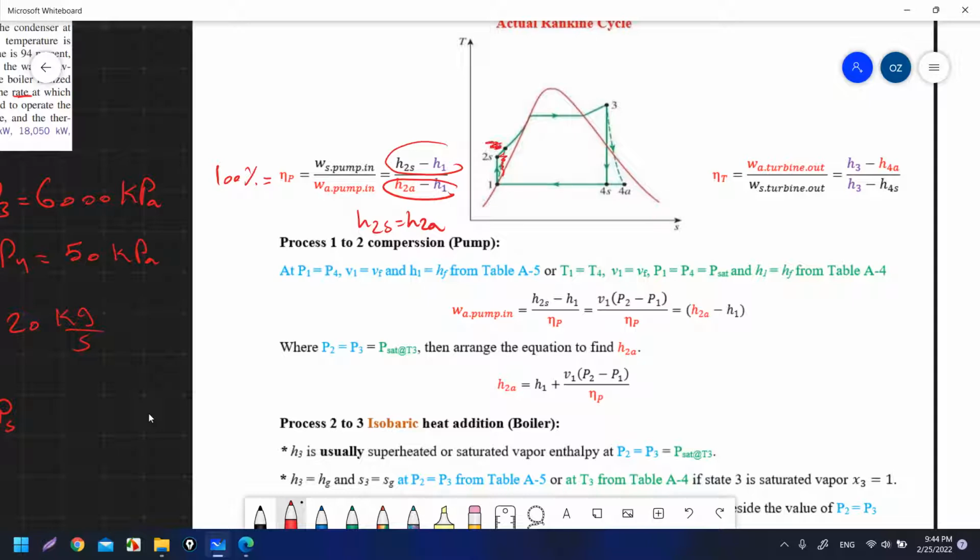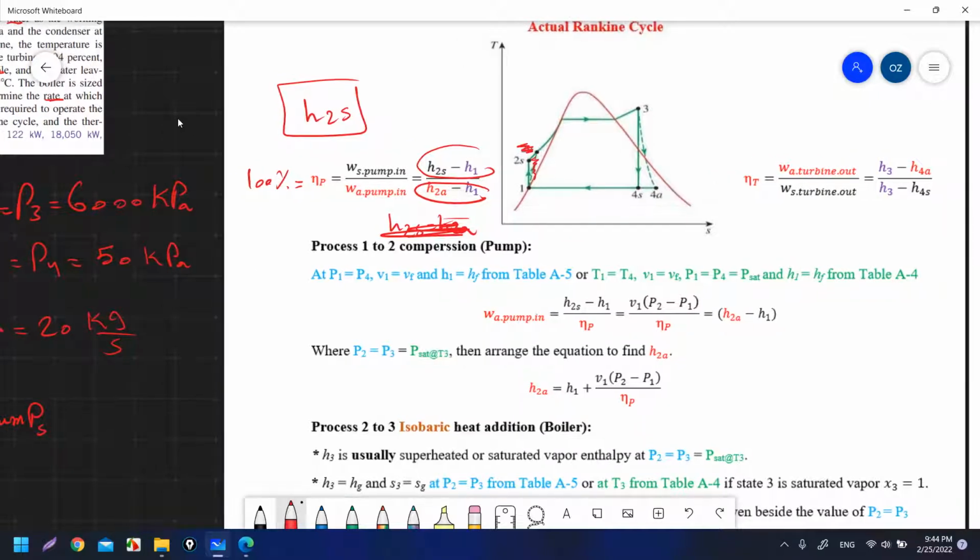So we have isentropic compression in the pump. We only have h2s in this question. In the previous question it was given that we have the isentropic efficiency for the pump and turbine. Here we only have it for the turbine. So the turbine is the only actual device here, but the pump is an ideal device in this question.